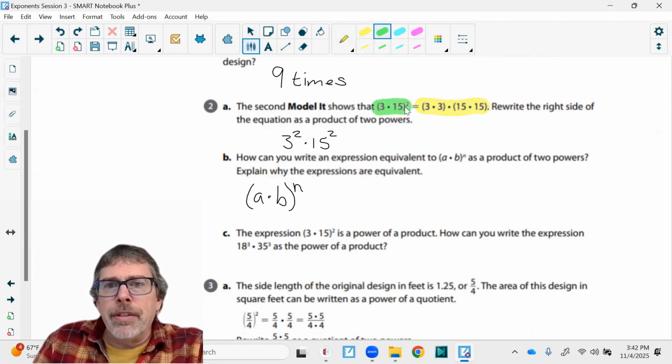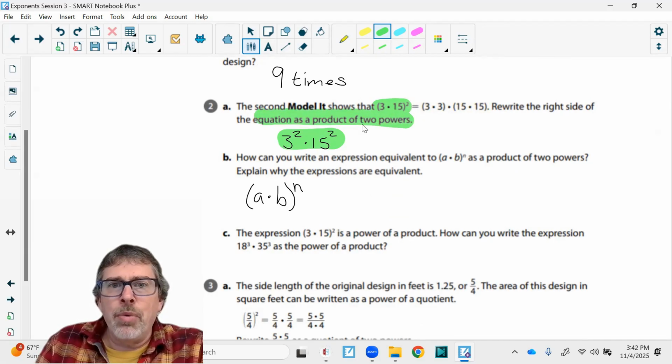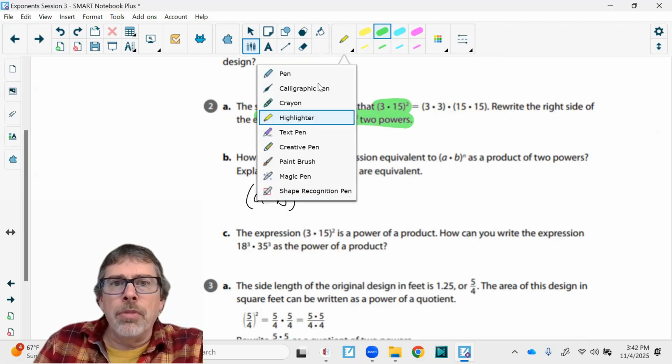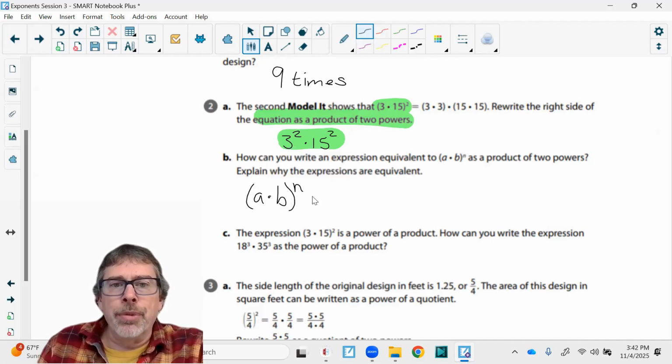Okay, well, look at, we have this. Let me erase this. We have this, and it became this. So that is an equation as a product of 2 powers. So we're taking the 3 times 15 in parentheses squared and distributing the power to both values. So this problem is giving us the general rule.